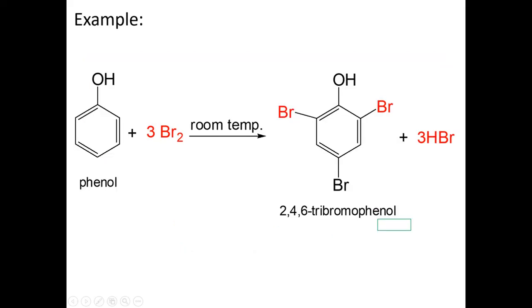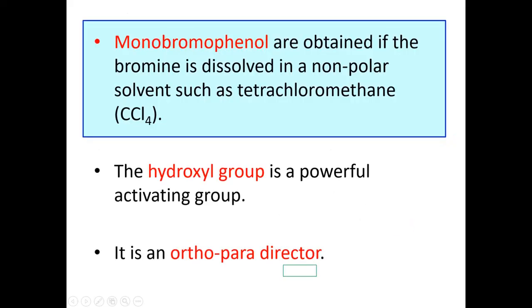Okay, this phenol reacts with 3 moles of Br2 at room temperature to produce this compound with white precipitate. We call it 2,4,6-tribromophenol. Okay, monobromophenols are obtained if the bromine is dissolved in a non-polar solvent such as tetrachloromethane.